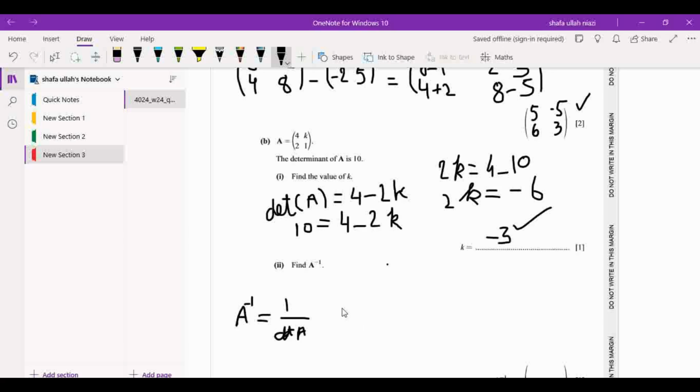When we write adjoint, we have to change these places of 4 and 1. This becomes 1 4 and change the signs of this: k is minus 3, so this will become plus 3 and this 2 will become minus 2.